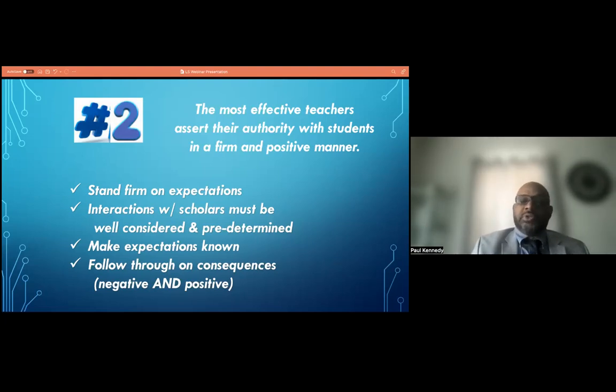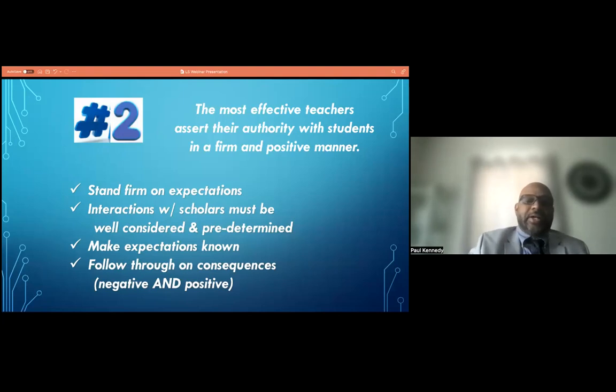So you always want to consider everything. You always want to predetermine. You always want to make it purposeful. You always want to make your expectations known. And last but not least, you want to follow through on the consequences. So if you say, hey, if this behavior continues, you are going to have to go to the quiet table and you are going to have to write a short essay on this particular behavior.